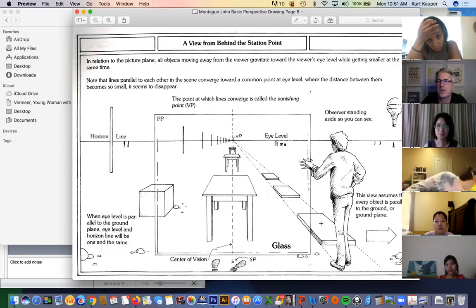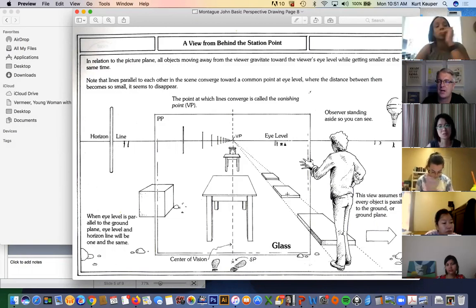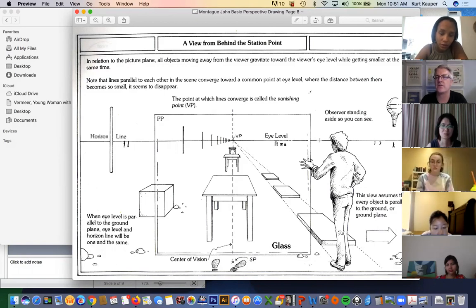So the concept is that this slab is the same size as this slab if we actually measured them, but we see them as being different sizes depending on how close they are to us. And lines that are parallel to one another in reality, as they move away from us, will diminish towards a common vanishing point on the horizon line, which represents the eye level of the viewer.